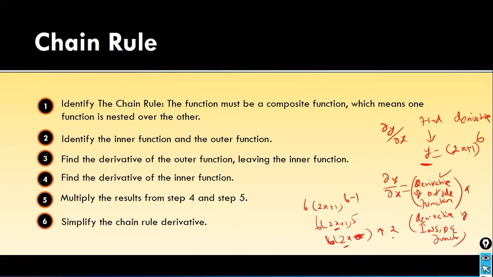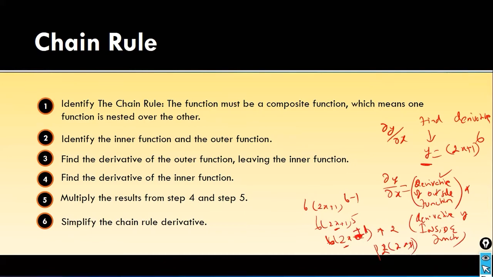So 6 into 2 is 12, so 12 into (2x plus 1). Inside the function, 2x plus 1 will stay because we are not going to do anything inside of the function. We are going to leave it as it is.